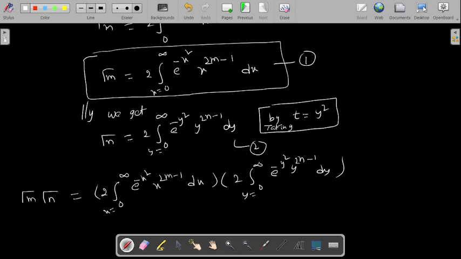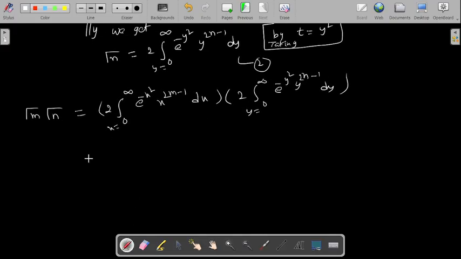So now they are multiplying these two, therefore 4 into the integral x equal to 0 to infinity, writing both integrals, y equal to 0 to infinity.